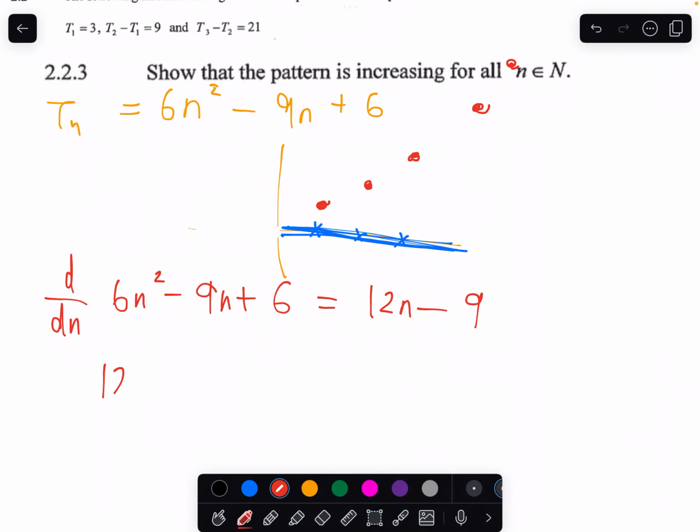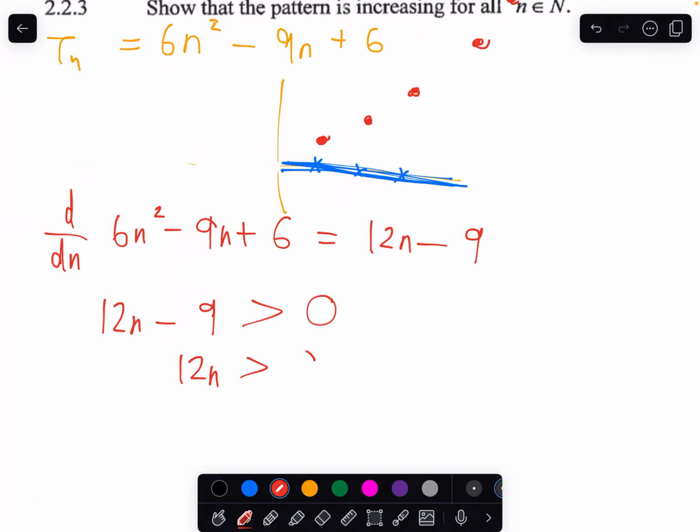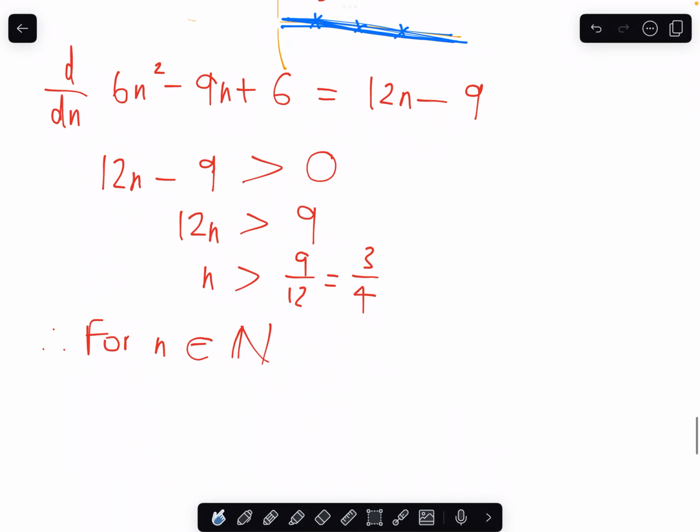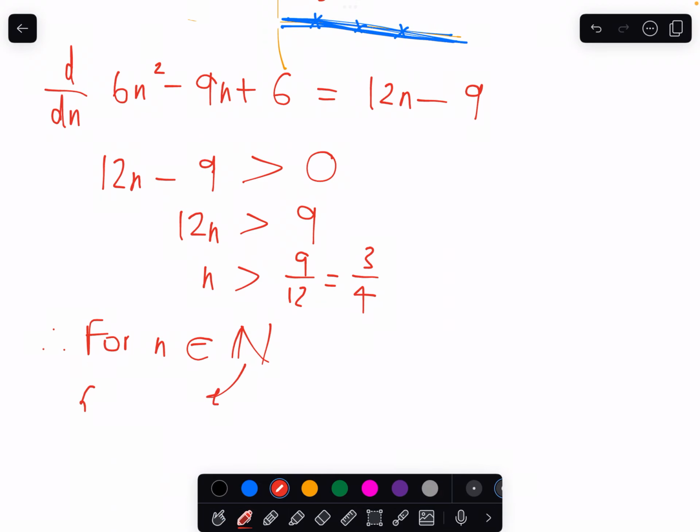We find that it is happening when 12n is greater than 9, which is when n is greater than 9 over 12, which is 3/4. And so therefore, for n being a natural number, so natural number, just to remind ourselves, is 1, 2, 3, etc., then n is definitely greater than 3/4, because at the very least it's 1.